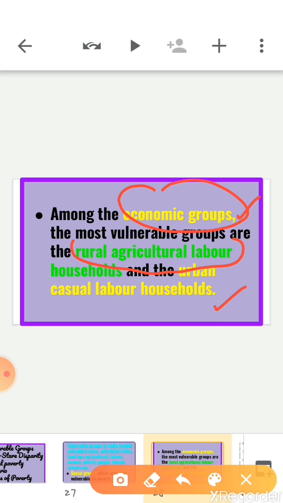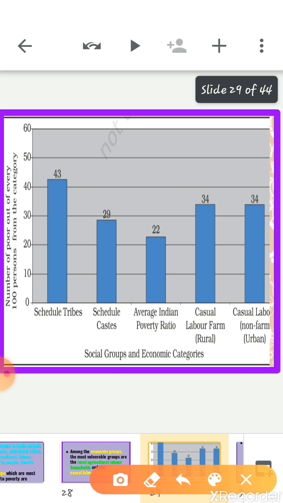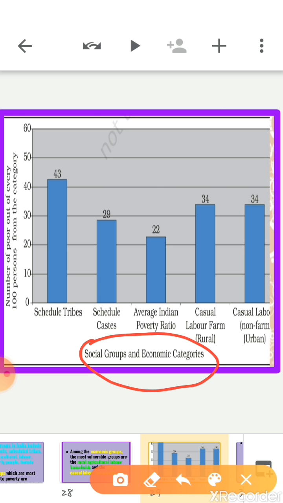And among economic groups, the most vulnerable are rural agricultural labor and next urban casual labor households. This graph shows the percentage of poor people in all these social groups and economic categories.